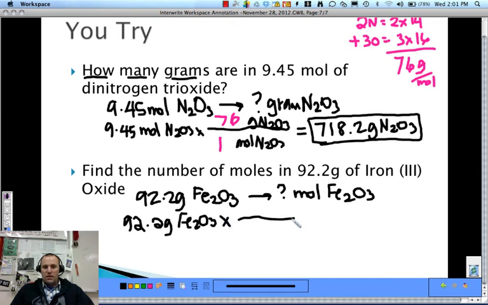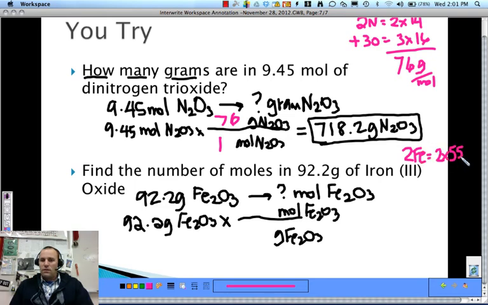Write what you know again. Times and then a line. Grams of Fe2O3 on the bottom. We can go to moles from grams by looking at the periodic table. We have 2 irons and 3 oxygens. So 2 irons, that's 2 times 55.85, and 3 oxygens is 3 times 16.